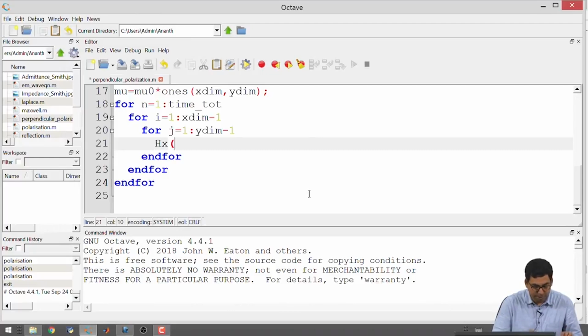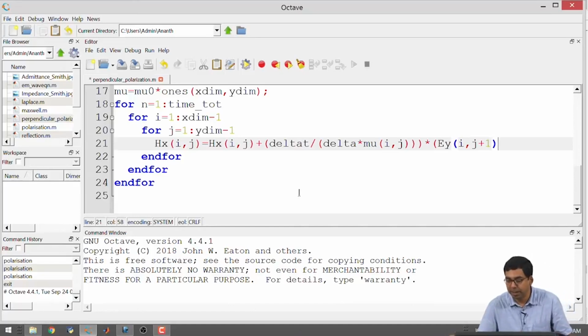So, I will just say Hx i comma j, I will update first, is equal to Hx i comma j plus delta t divided by delta z mu of i comma j times Ey of i comma j plus 1, minus Ey of i comma j. So, I am putting j plus 1.